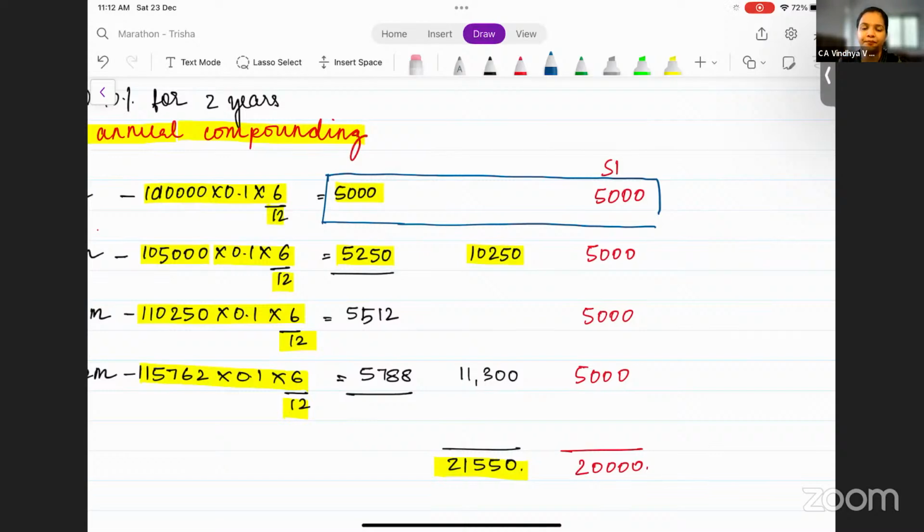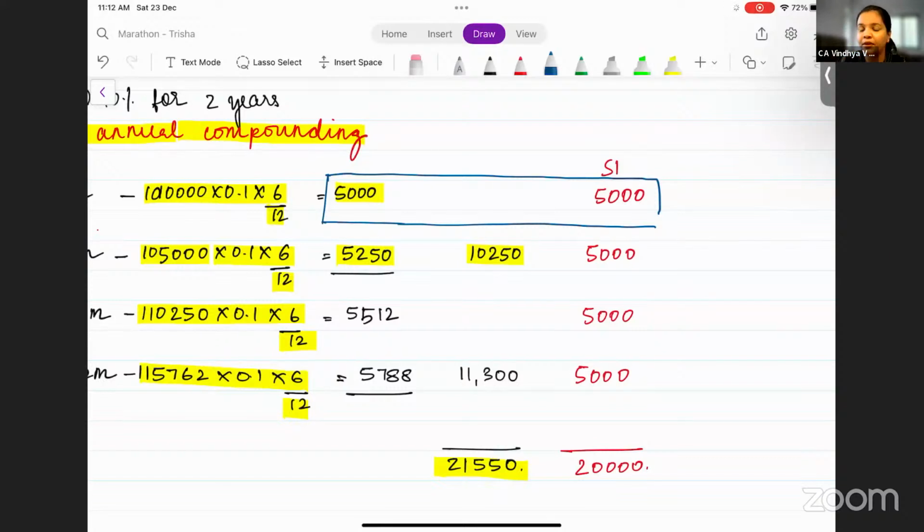Simple interest and compound interest are equal to each other. What does this mean? This means that the first computation that you do, when interest is not added to the principal, simple interest and compound interest are equal to each other. How do you put this in words?